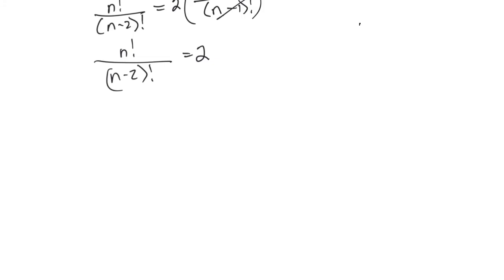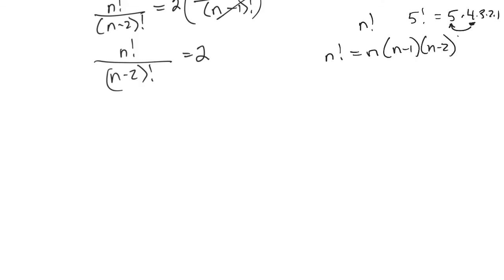But understanding what n means, or n factorial. If I have 5 factorial, it means 5 times 4 times 3 times 2 times 1. This number is always 1 less than that one. So n factorial, really I could write that as n times n minus 1 times n minus 2 times n minus 3, and I could keep going on forever.